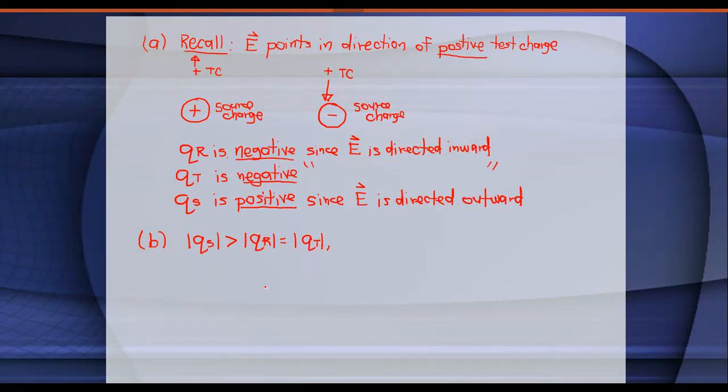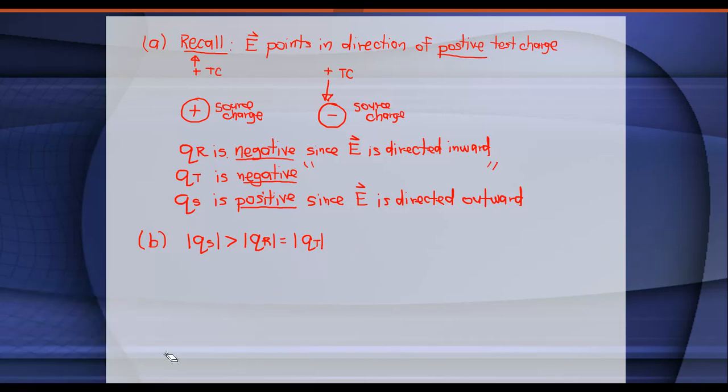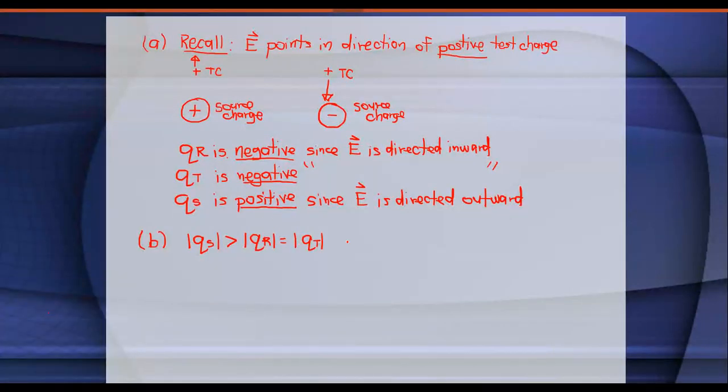The reason for this is because there's a larger empty area around QS, and large magnitude vectors are not shown.